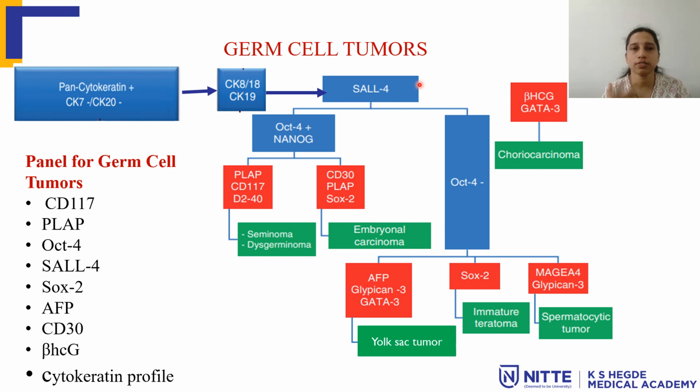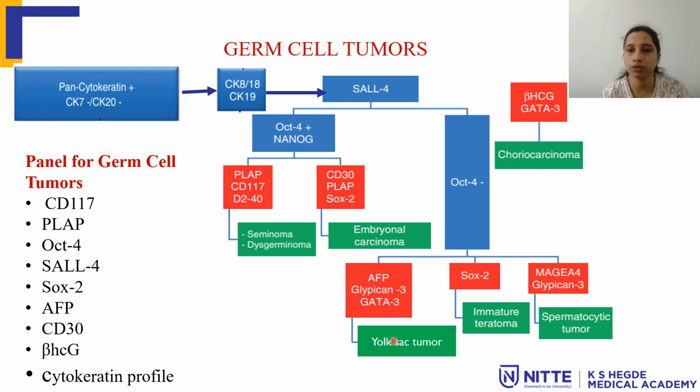So this is the diagnostic panel for germ cell tumor. Initially you will be ruling out the epithelial origin tumor by doing CK7, CK20, followed by the panel of antibodies for germ cell tumor like SALL4, OCT4, PLAP, which suggests that it is some dysgerminoma. If it is CD30 positive, embryonal carcinoma.